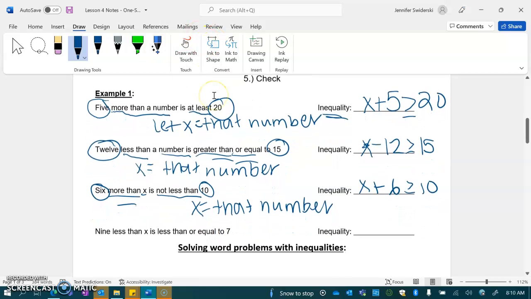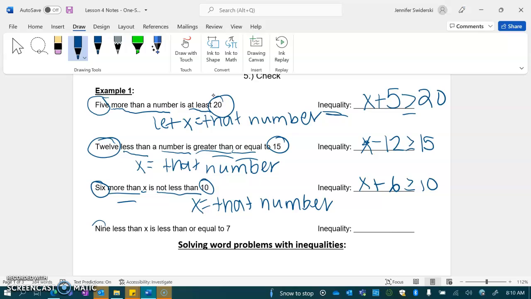Greater than or equal to 10. This next one, 9 less than x, is less than or equal to 7. Well, we're going to have x be that number. So I know x minus 9, because 9 less than that number, is less than or equal to 7.